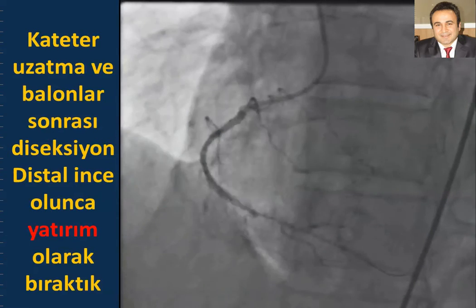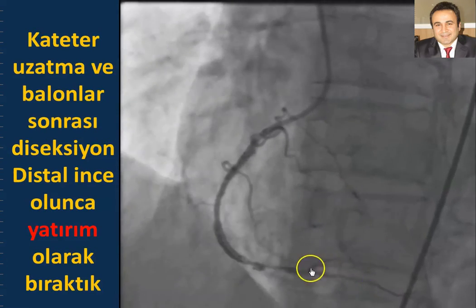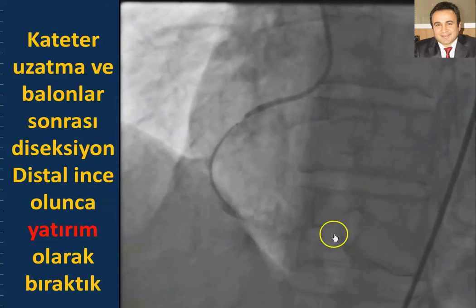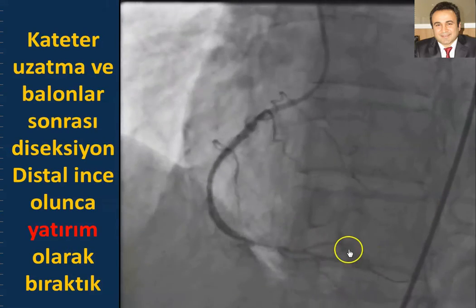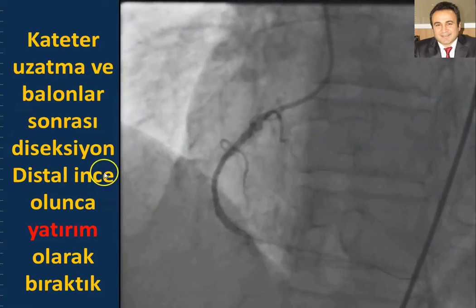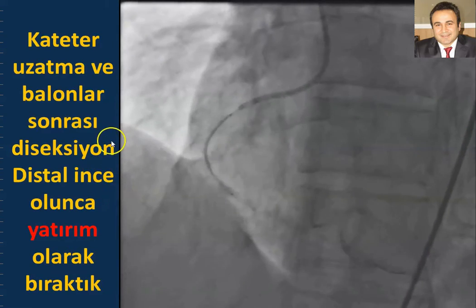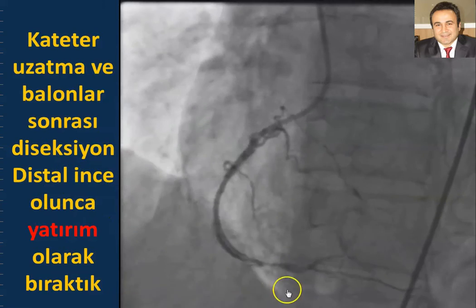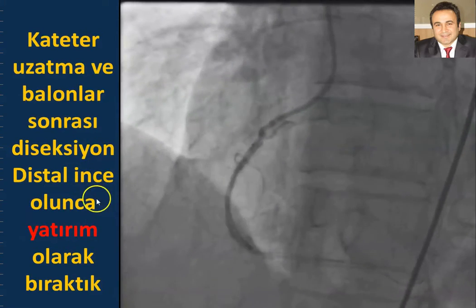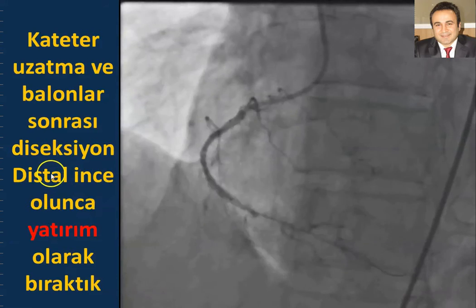but after ballooning, the distal vessel caliber was very small. We decided to continue CTO PCI at another session at this moment.